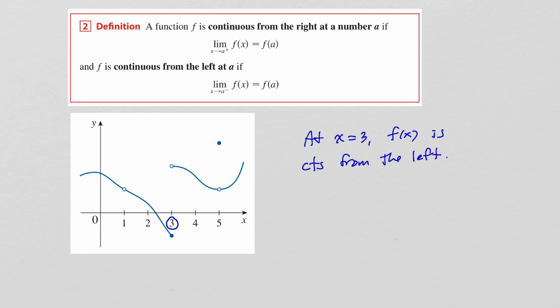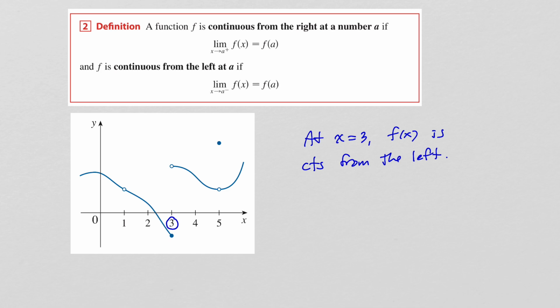Now, why is that? Well, as x approaches 3 from the left, you can see the function values are getting closer to this value. And that is the function value. In other words, f of 3 is equal to this number. And the limit is also approaching that same number.